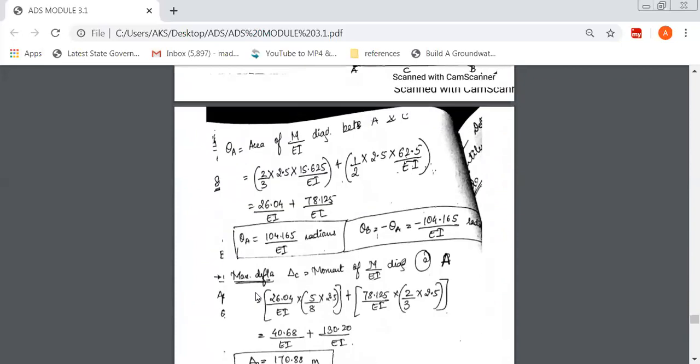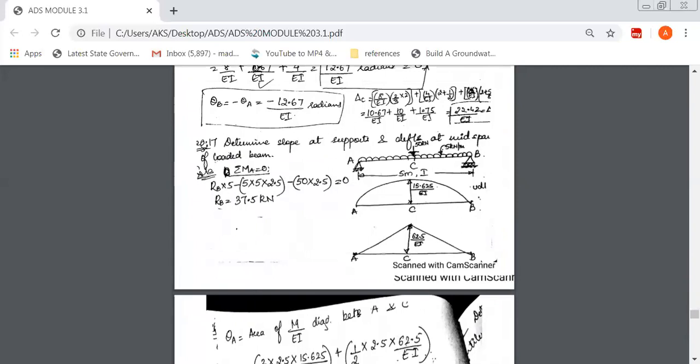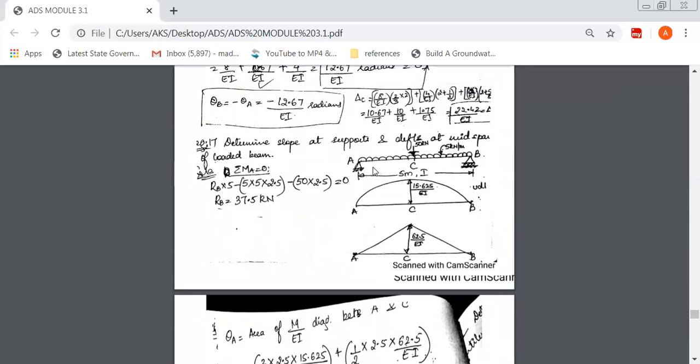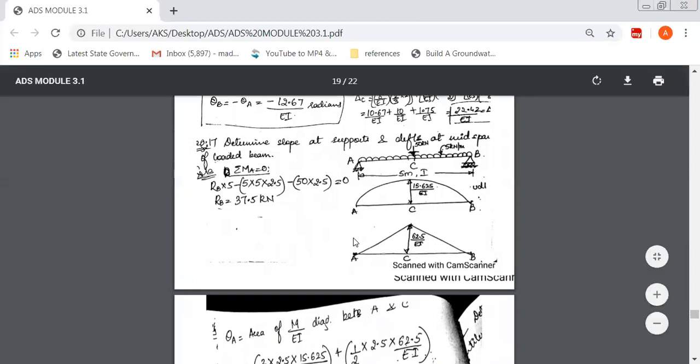Okay, now check this out. Next type: determine the slope at the support and deflection at the mid span. Now AB is a simply supported beam, and in both cases there are two types of loading here: one is a UDL and the other is a point load.